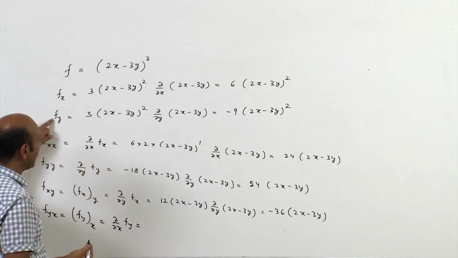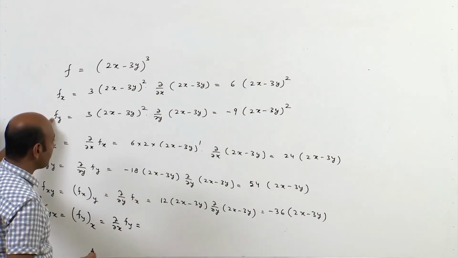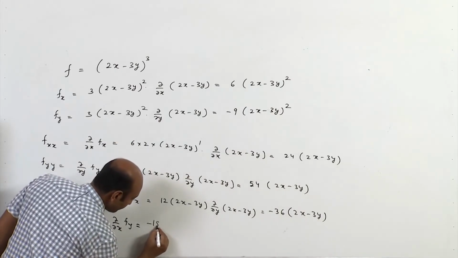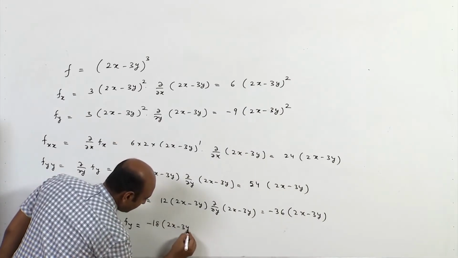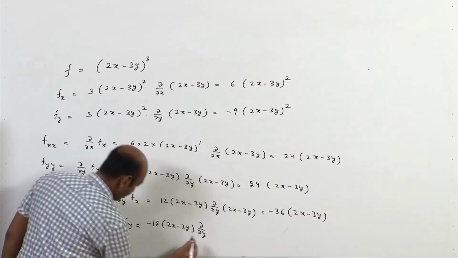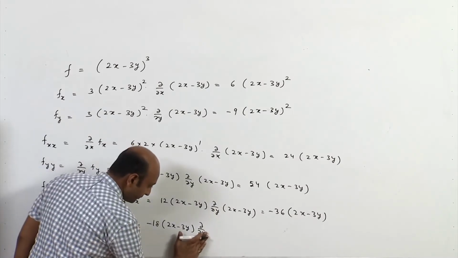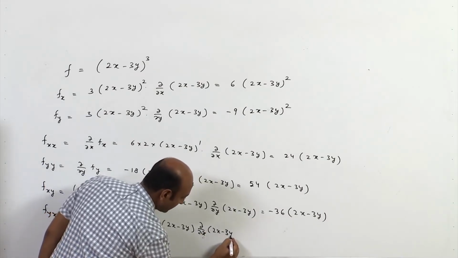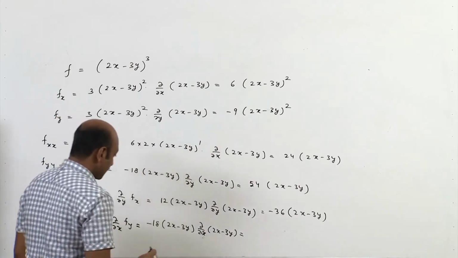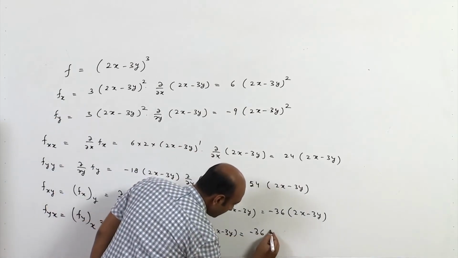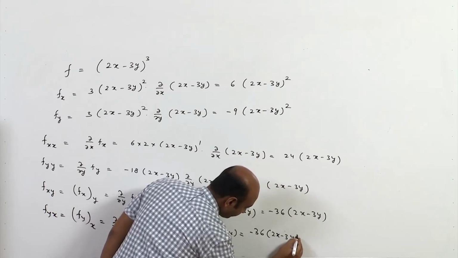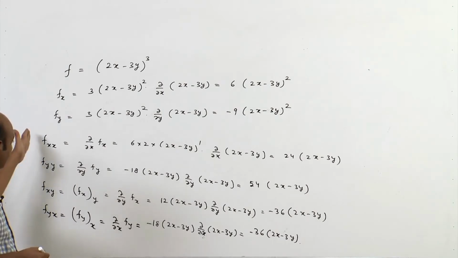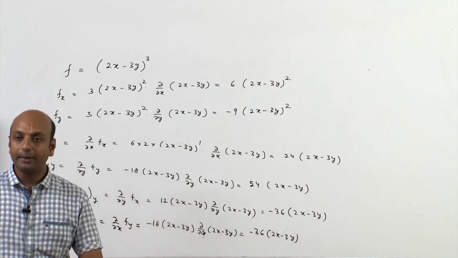That means it is f y, you have to differentiate this partially with respect to x, that means minus 18 (2x minus 3y), del by del x of this function 2x minus 3y, which is minus 36 times (2x minus 3y). So, that is how we can compute second order partial derivatives with respect to x or y.